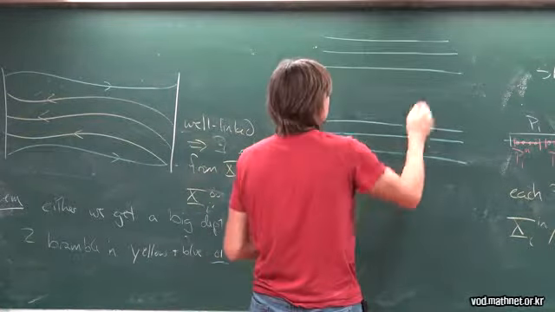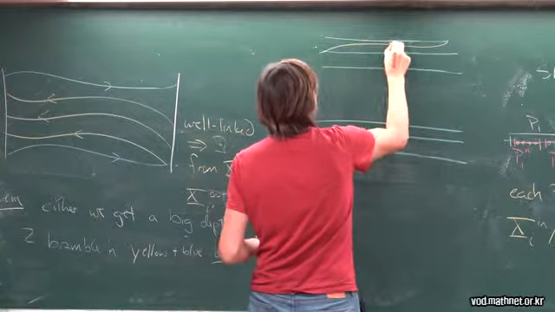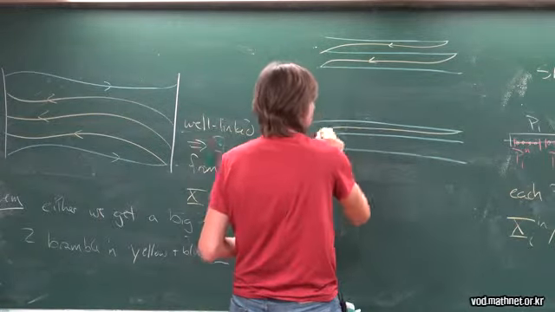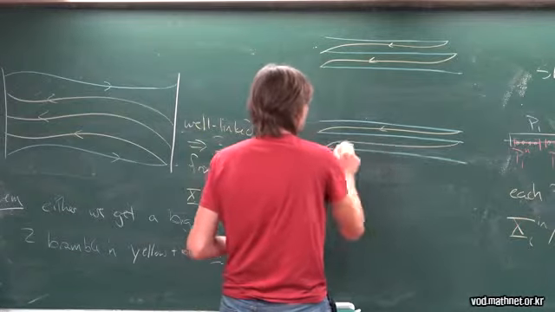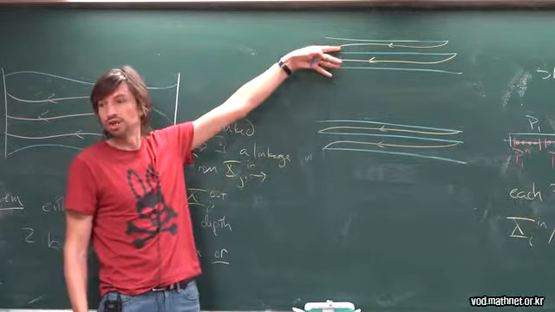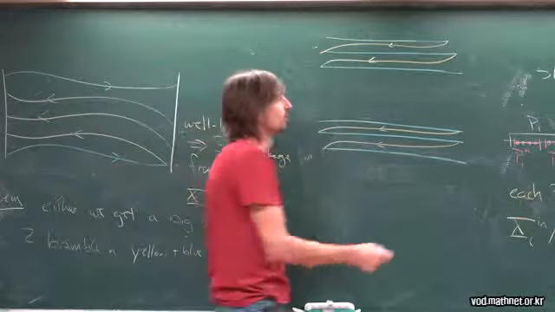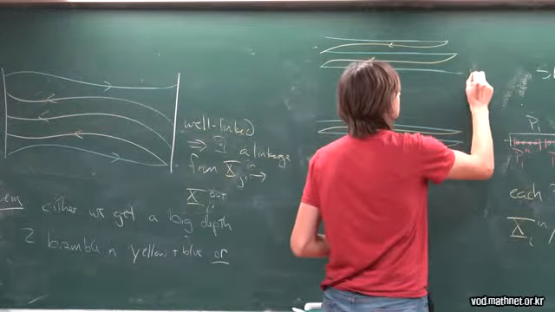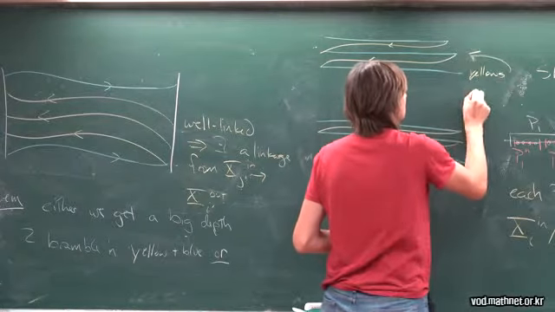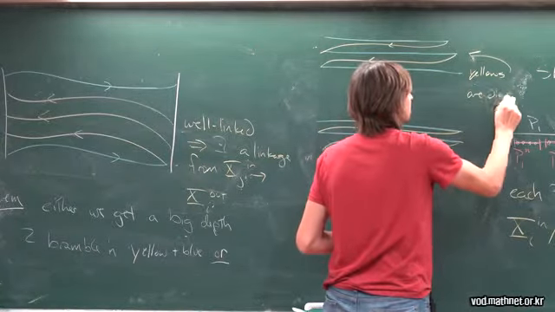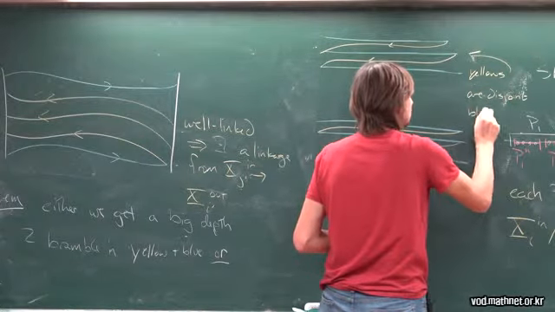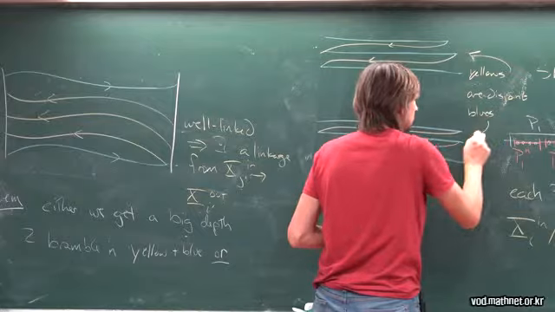I can find little sections of 3 blues and 2 yellows, 3 blues and 2 yellows, so that the yellows here are disjoint from the blues here.